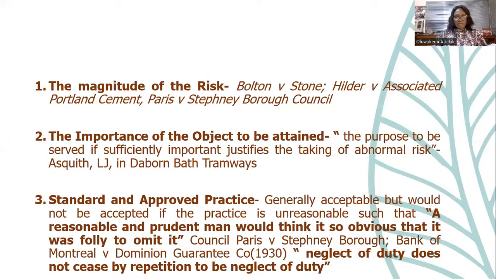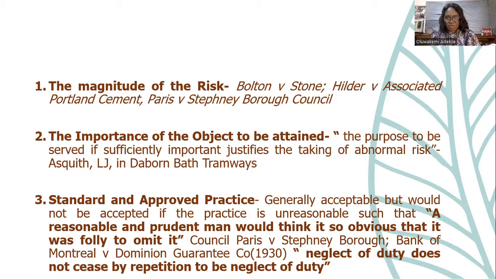Let's take a situation where an ambulance is running exceptionally fast because there is someone in the ambulance that needs medical attention. Even though we might say that a reasonable person would drive at 40 kilometers per hour on that road on an average day where there was no emergency, the fact that the ambulance was driving at 80 kilometers per hour on the same road might be justified by the purpose of saving human life.